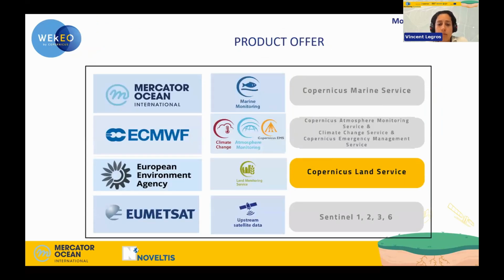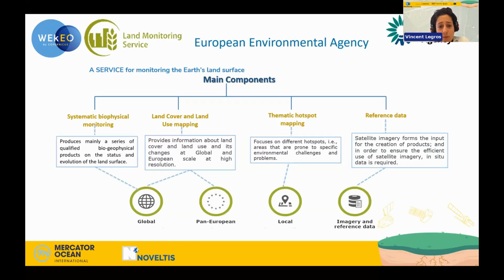And now maybe the service we will hear most about today is the Copernicus Land Service, operated by the European Environment Agency, whose goal is to provide geographic data on the monitoring of the land surface.